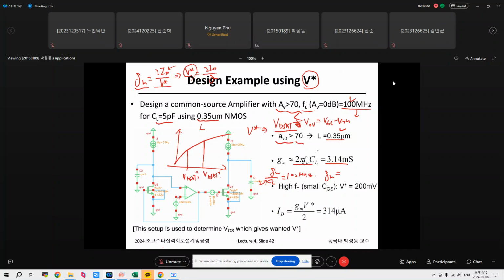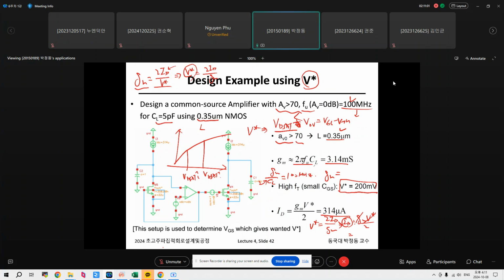Then we choose V star, this is arbitrary but reasonable, to be 200 millivolt. Then V star is 2ID divided by GM, so the required ID is GM times V star divided by 2. We know GM, we know V star, so the ID is 314 microamps.